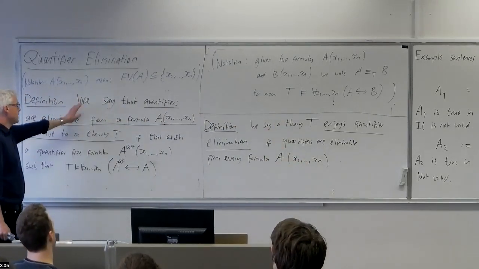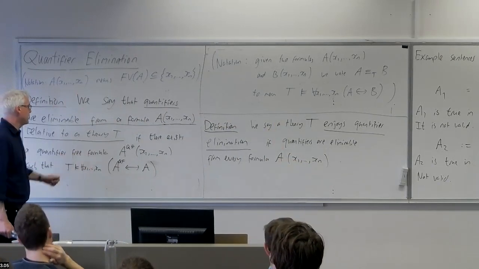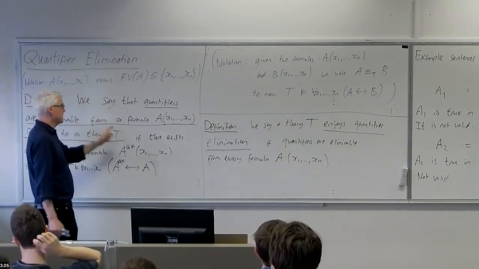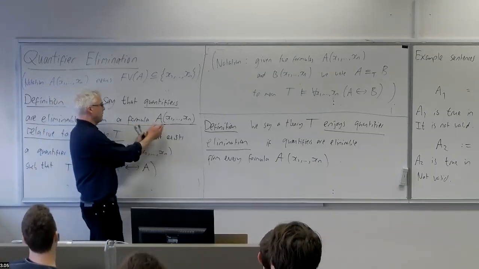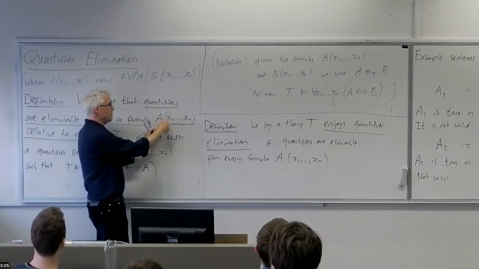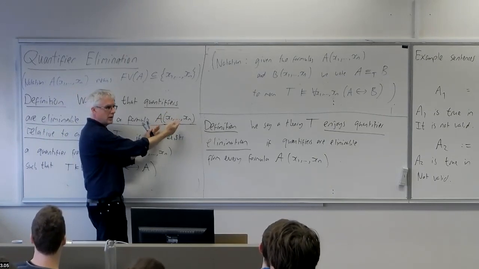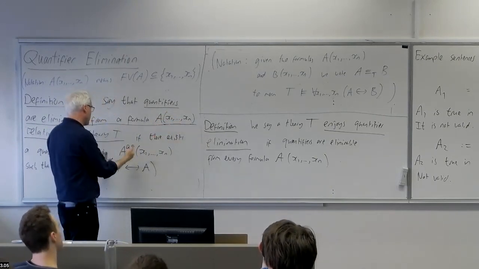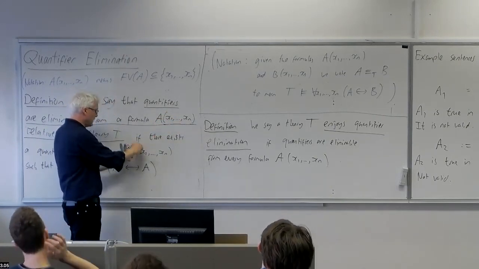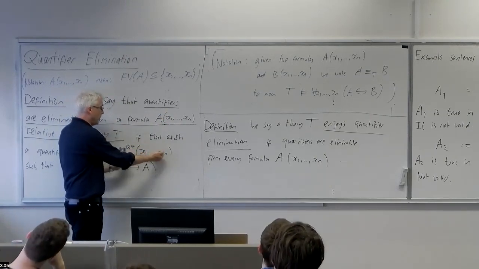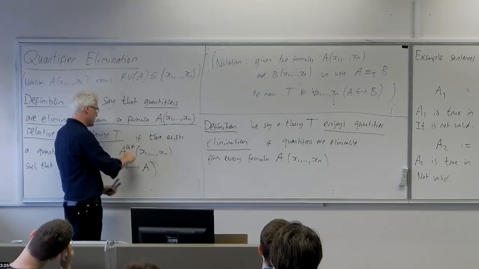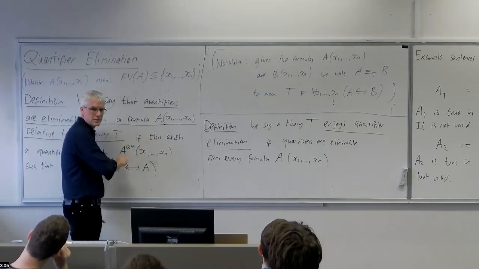But notice that if we have a sentence and we want to eliminate quantifiers from it, then we look at the sentence together with the empty tuple of free variables. This definition requires that the quantifier-free formula has its free variables contained in the same set, so the quantifier-free formula will be forced to be a sentence too.